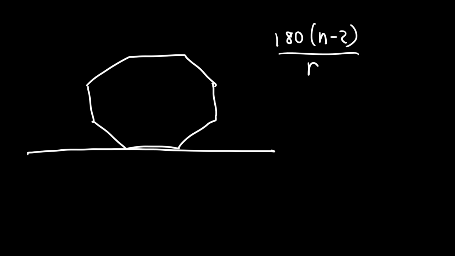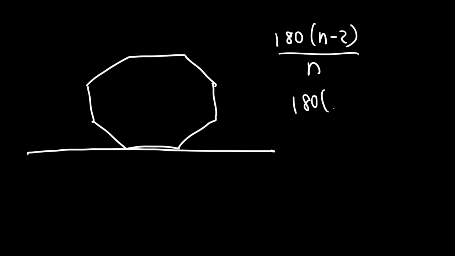So let's try one more example. Let's focus on the octagon. Go ahead and determine the measure of the interior angle and the exterior angle of a regular octagon. So let's first calculate the interior angle. It's going to be 180 times n minus 2 divided by n.